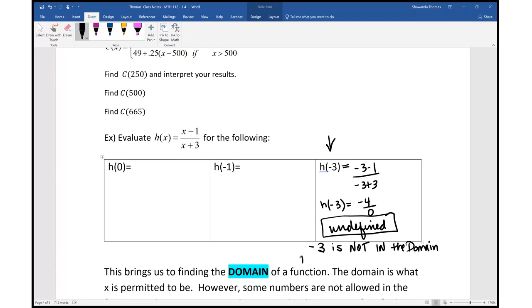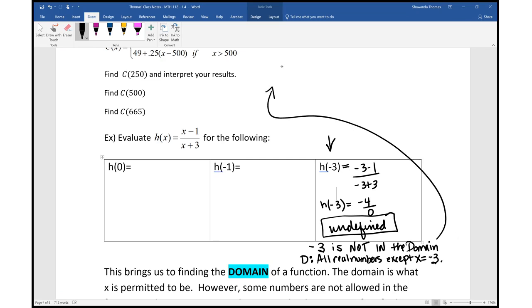Therefore, the domain of this function is all real numbers except x equals negative 3. Or to write it as interval notation, it would be negative infinity to negative 3 union negative 3 to infinity.